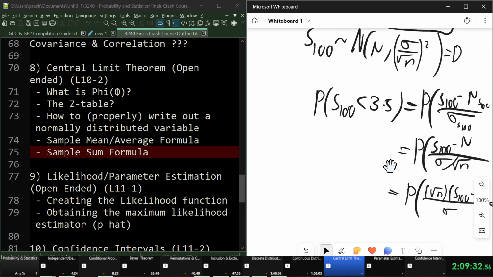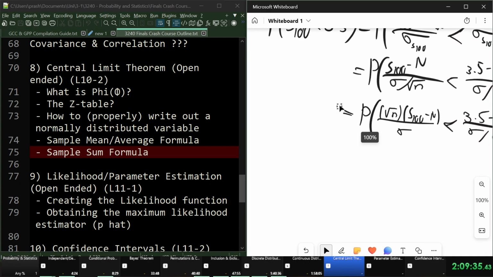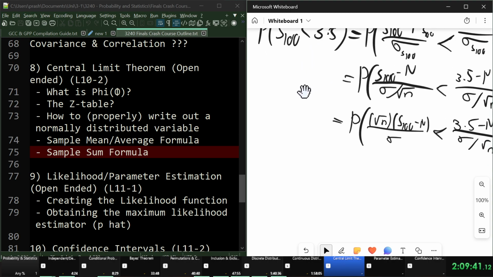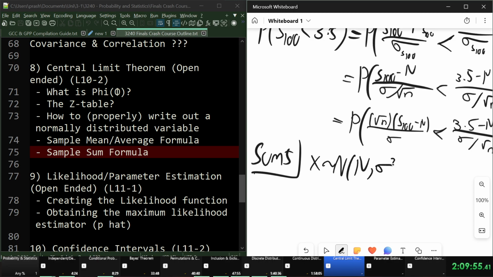S is for average right now. One thing that the CLT can verify by extension is that it works for averages, that's what we mentioned, but it also works for sums. So if X followed a normal distribution with mean mu and variance sigma squared, let me call it M, which is the sum, x1 plus x2 plus x3 all the way to xn.